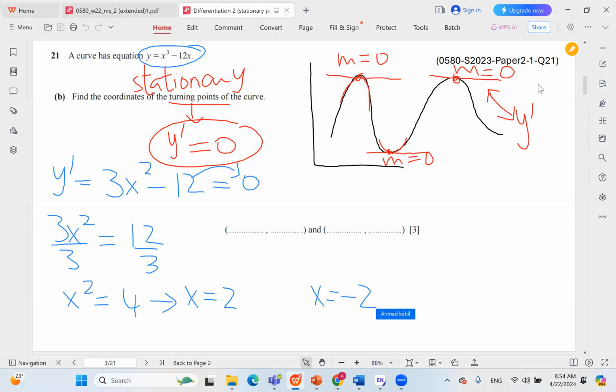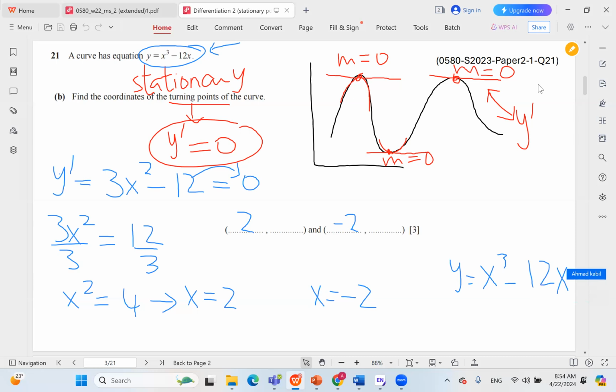Now, we want the coordinates of the turning points. So we know that the x coordinate in this case is 2 or negative 2. But we still need to get the y coordinate, and we do that by substituting back into this expression. So let's write this down. We have y equals x power 3 minus 12x.